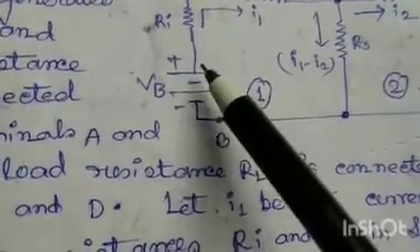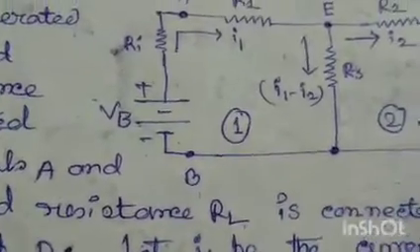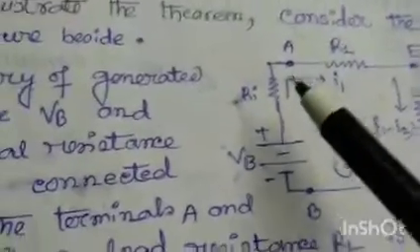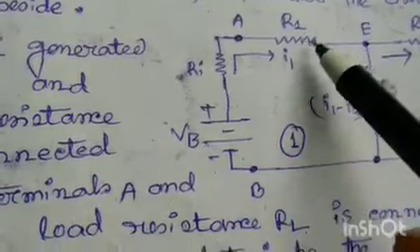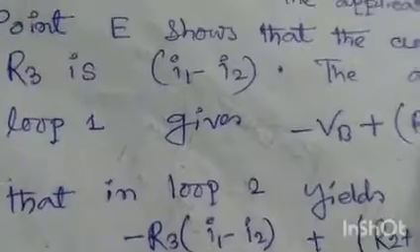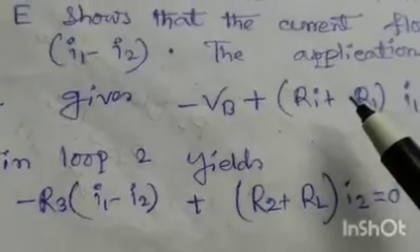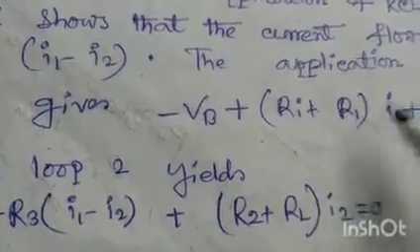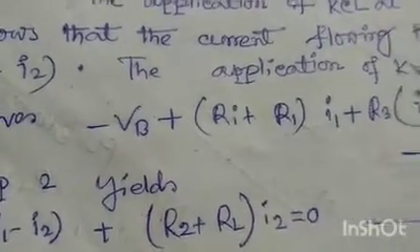So Vb equals total voltage drop: Ri plus R1 into I1, plus R3 into I1 minus I2.